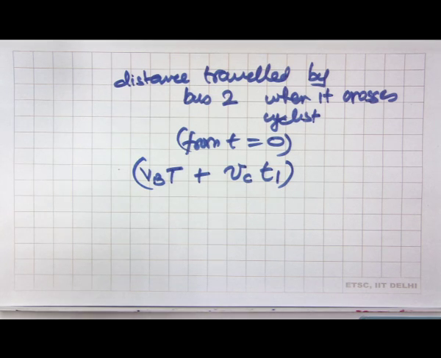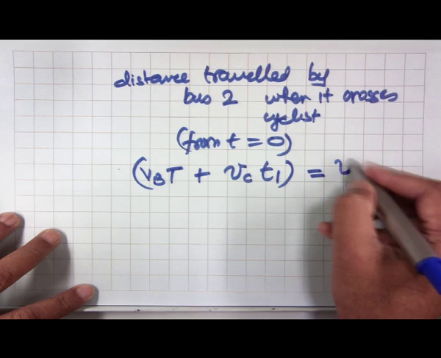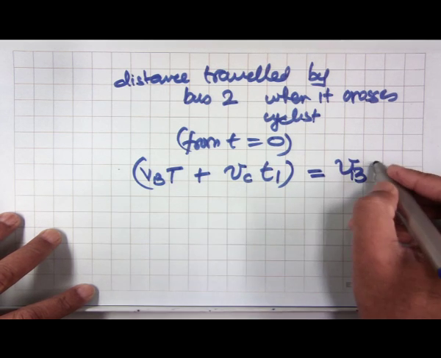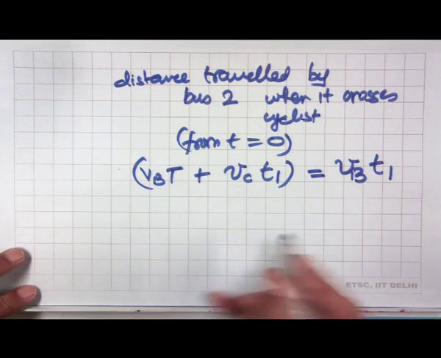And during this time, this bus has travelled for time t1, so this is equal to Vb times t1. So, therefore, we get one relation from here.